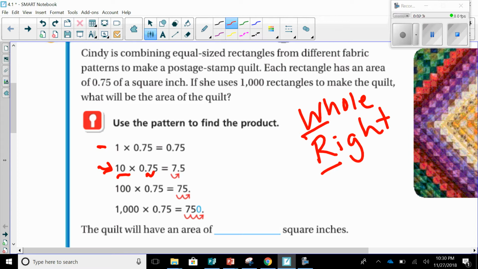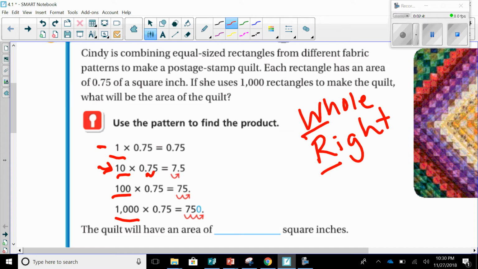So when I'm moving to the right, I'm moving towards the end of my number. It's just a little trick to help you remember which direction. If I'm multiplying by a whole number, I know I'm going to move to the right.